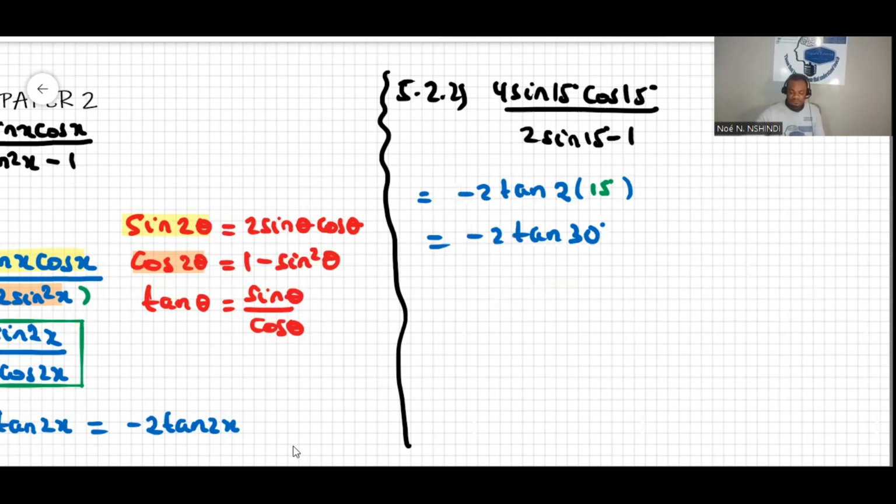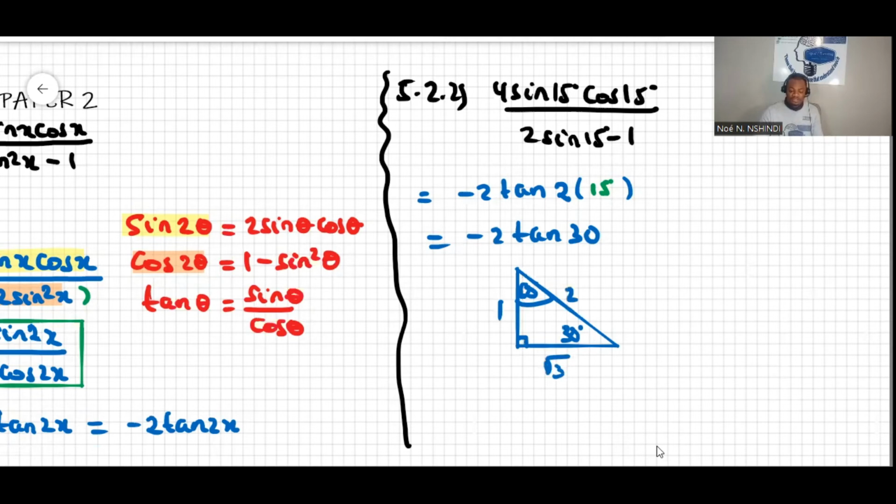Now, the calculations become simple, because we can just draw our triangle. If this angle is 30 degrees, then that must be 60 degrees, because it's a right-angle triangle. This side will be 1, that will be √3, and that will be 2.